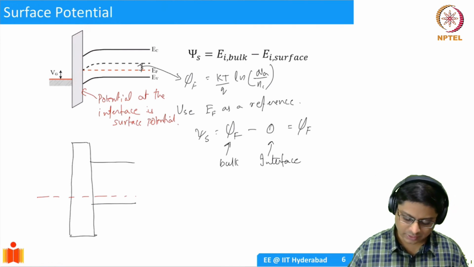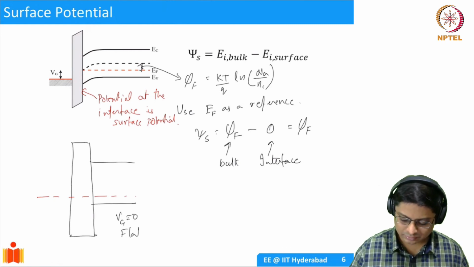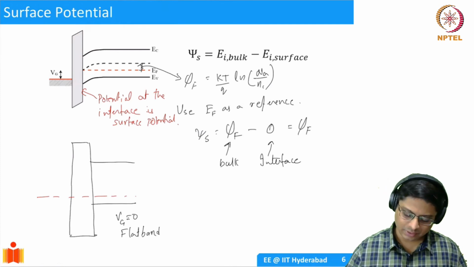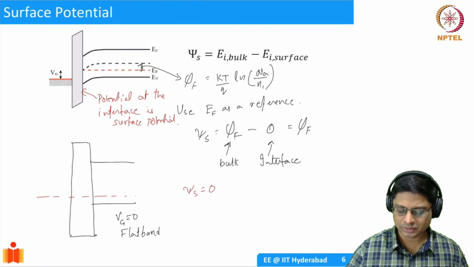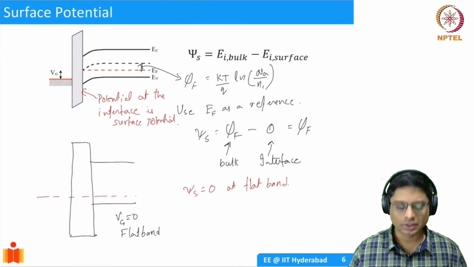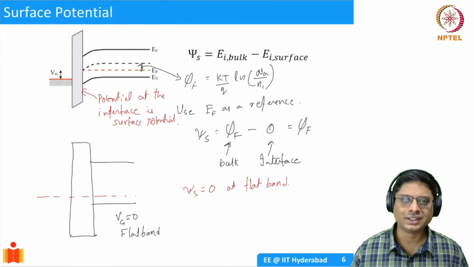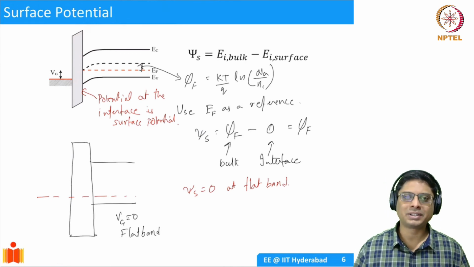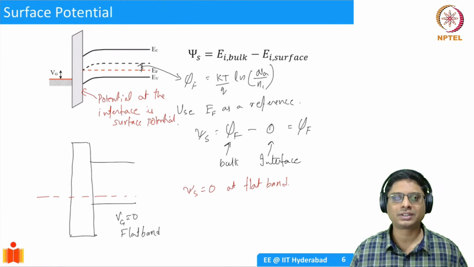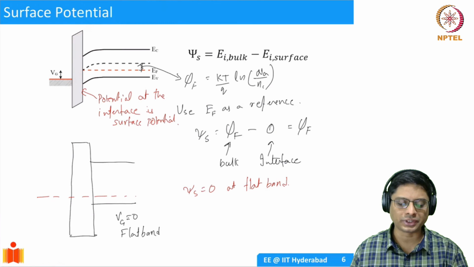This is a condition at VG equal to 0. I'll call this the flat band condition. What is the surface potential at flat band? Psi S is equal to 0 at flat band. Why is it 0? Because there is no band bending. So Ei is the same at the bulk and the surface, so it's 0. This is a useful term that we keep using. That's why I wanted to introduce this.